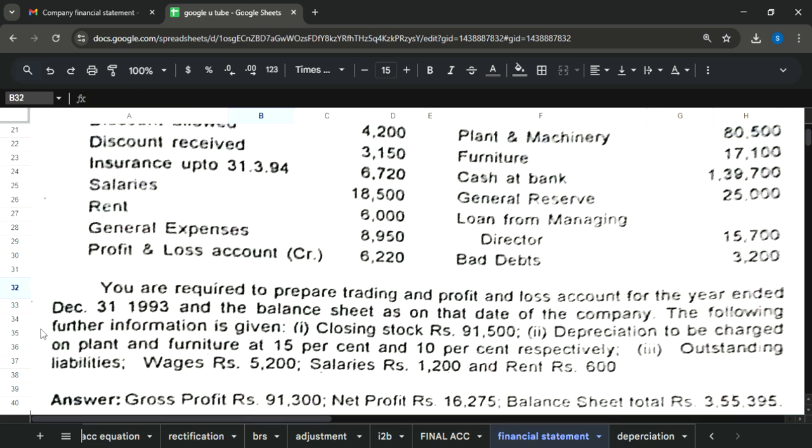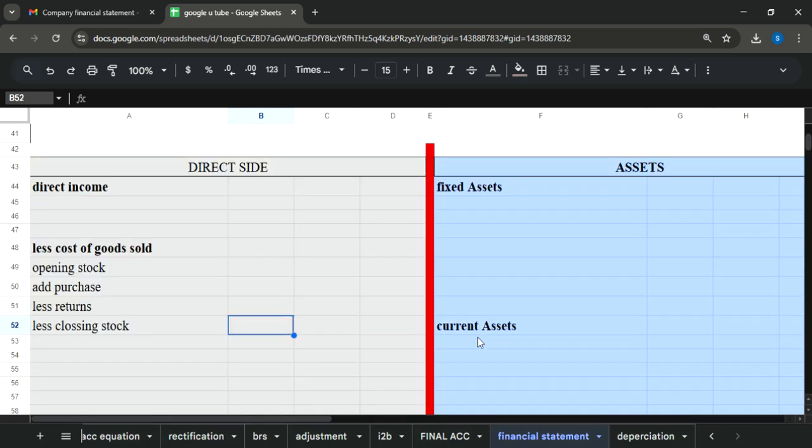The amount of this closing stock is mentioned over here, 91500. So here 91500 would be written.